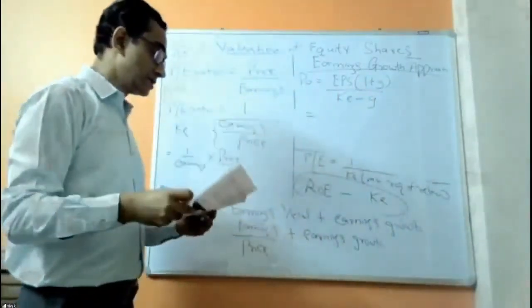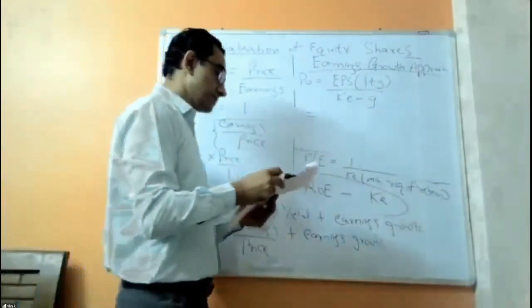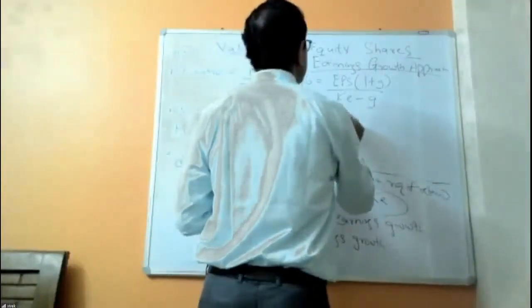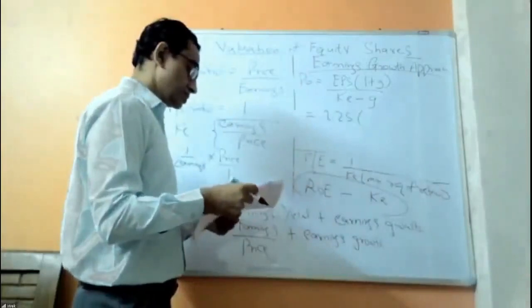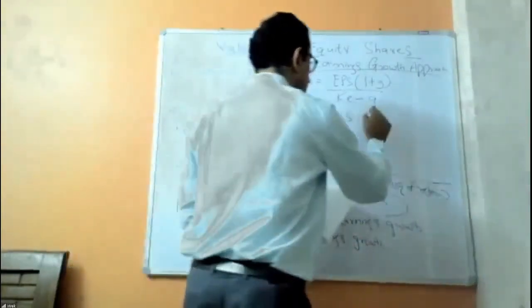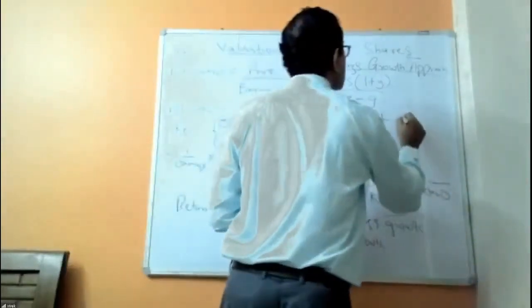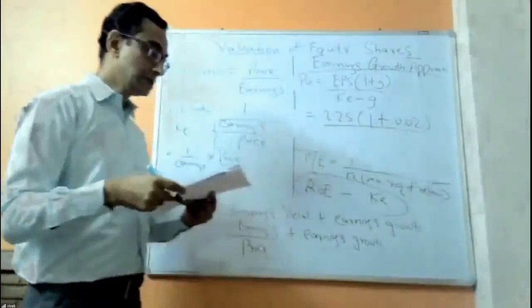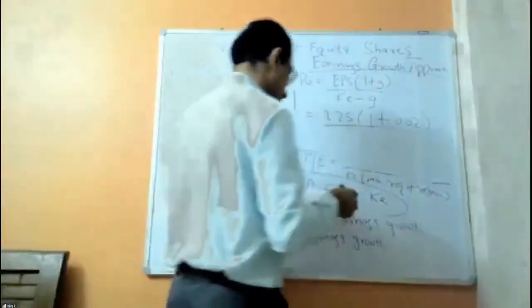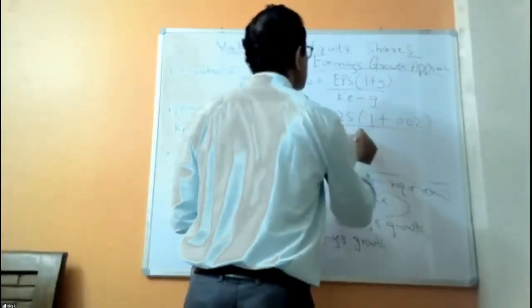EPS, we have already calculated, which is given as 2.25. It is given in the question. 2.25 multiplied by 1 plus growth rate, which is 2%, divided by KE minus G. KE, that is the discounting factor, in this case is 9%.